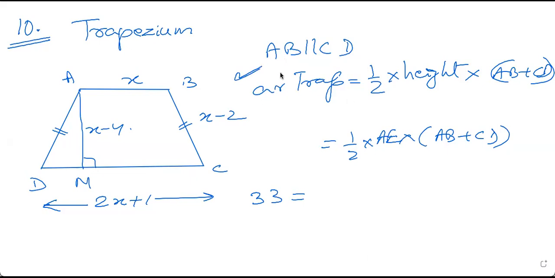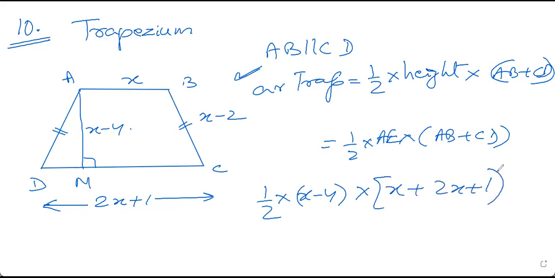I will first write the formula, and I would say half into, not equals to, half into the distance between the parallel sides, which is X minus 4, and the sum of the lengths of the parallel sides is X plus 2X plus 1.